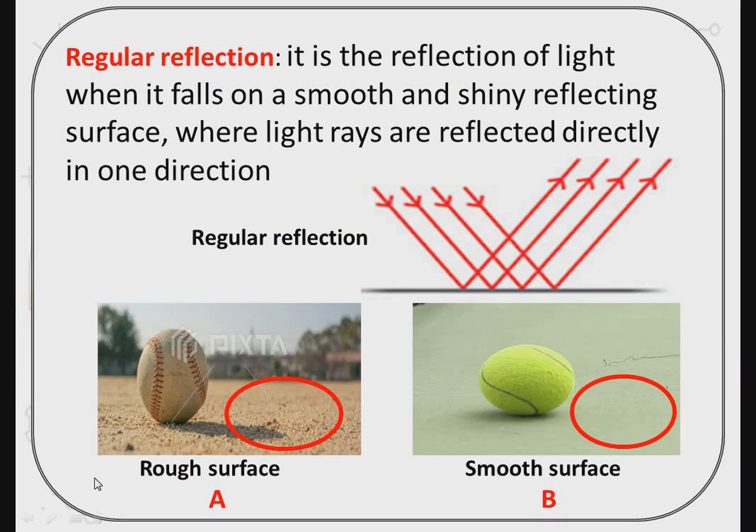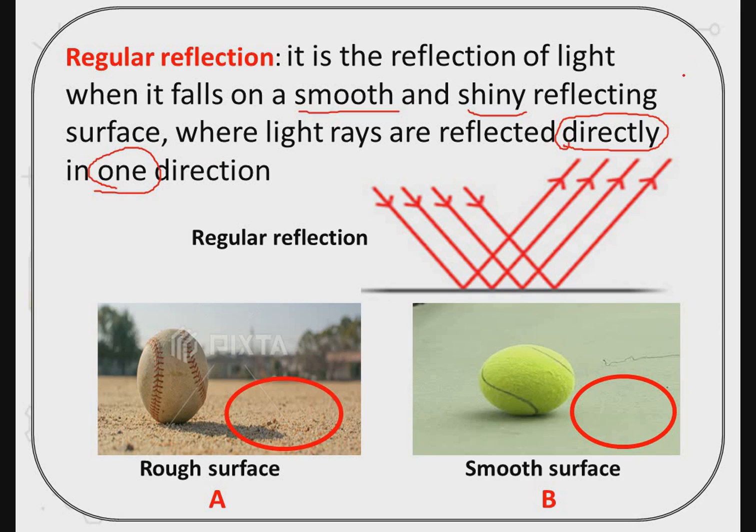So what is the meaning of regular reflection? It is the reflection of light when it falls on a smooth and shiny reflecting surface, where light rays are reflected. Reflected where? In different directions? No, it will be reflected directly in one direction.